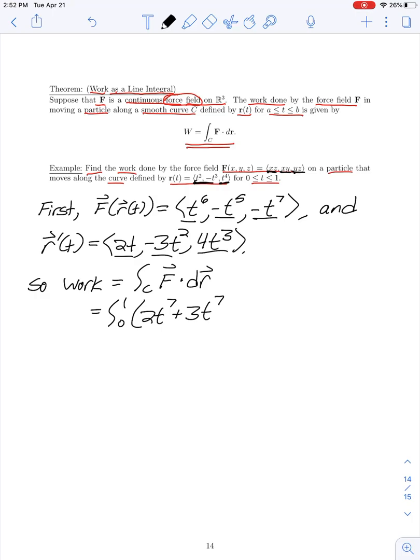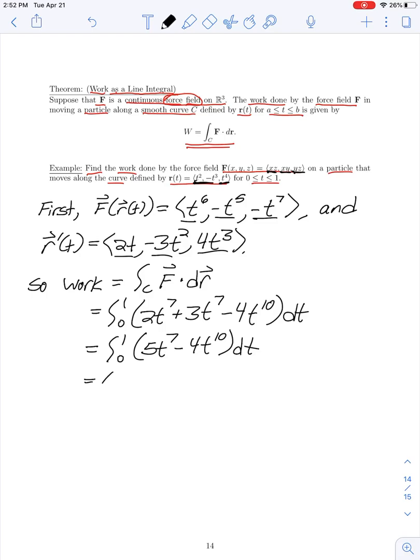And our last two components multiplied gives us a negative 4t to the 10th dt. So we have the integral from 0 to 1 of 5t to the 7th minus 4t to the 10th dt.